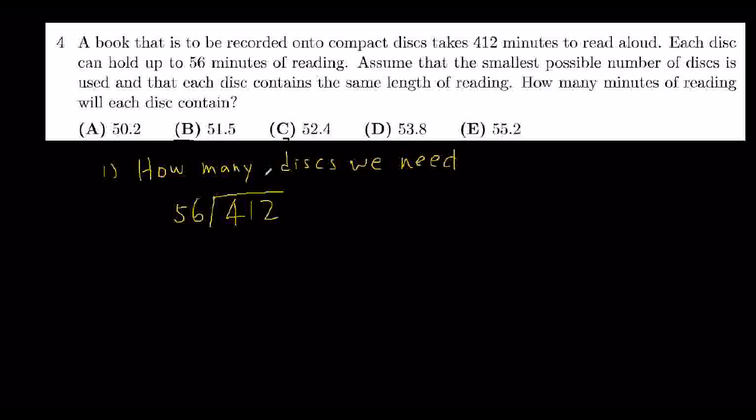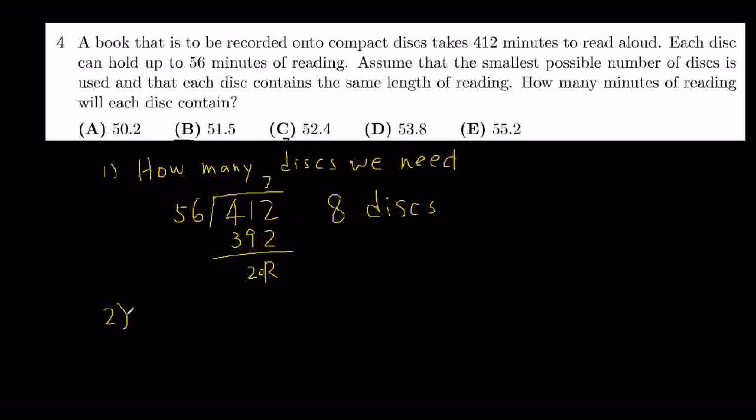So we do that equation. We'll find out we can put 7 here. We have 392, with some remainder here, which is 20. So we know we need more than 7 disks, which is actually 8 disks.